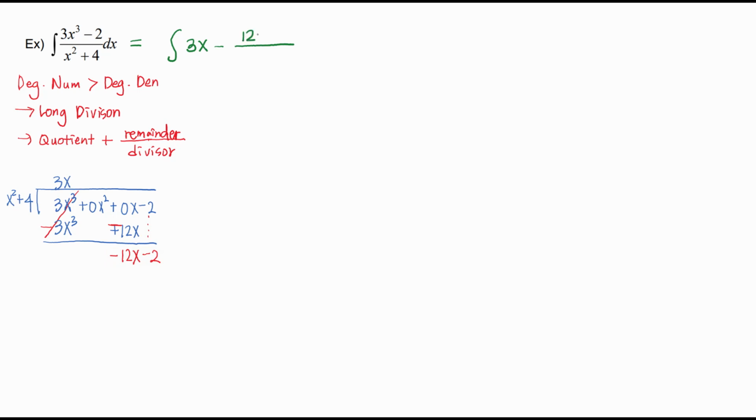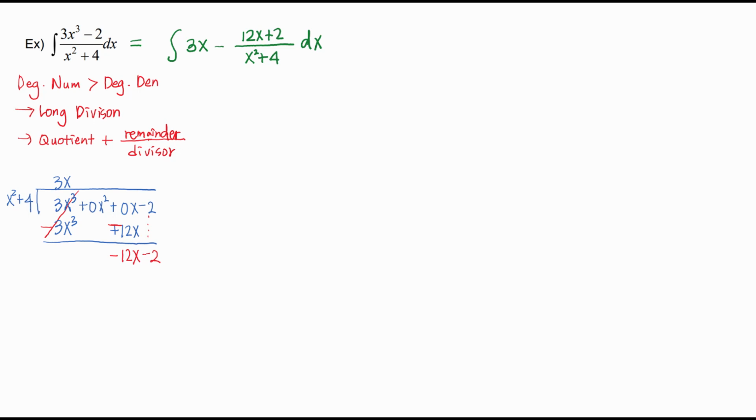So now they both turn into positive because this negative distributes, and it becomes negative 12x minus 2. Do you see that? So it's going to be minus the fraction 12x plus 2, so be careful with the sign, over the original divisor, which is x squared plus 4 dx.